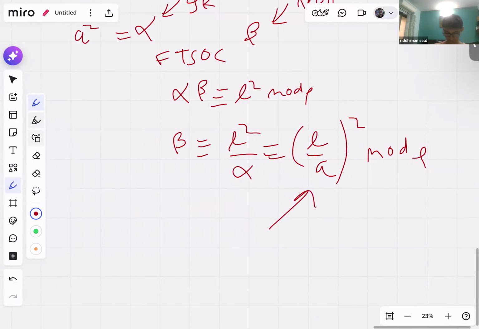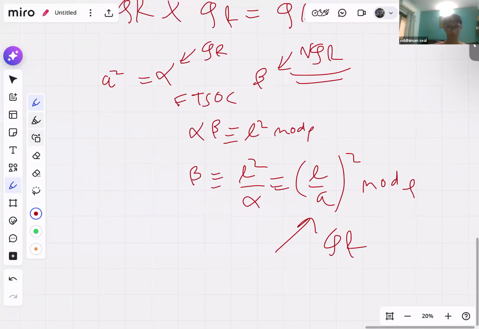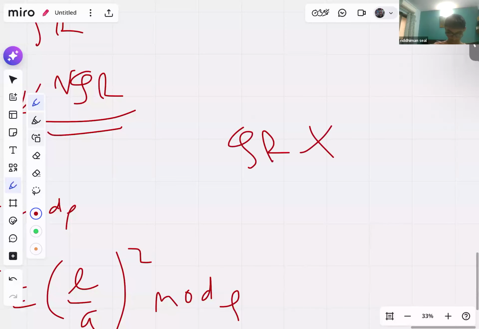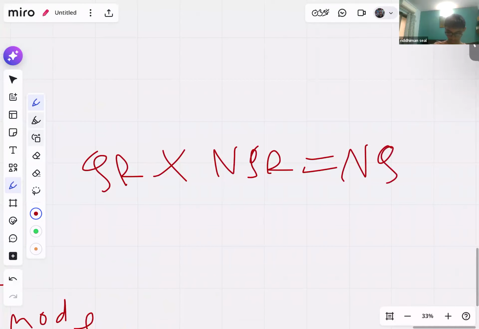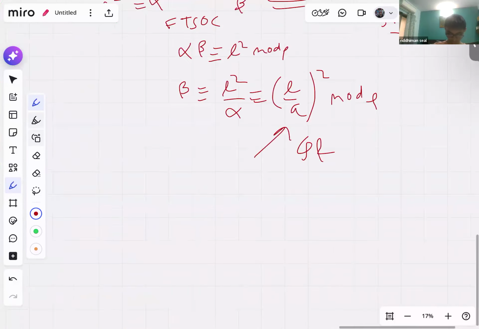And this thing is a QR, but we know that beta is an NQR, so that's a contradiction. So we know that QR into NQR is not a quadratic residue. Good.